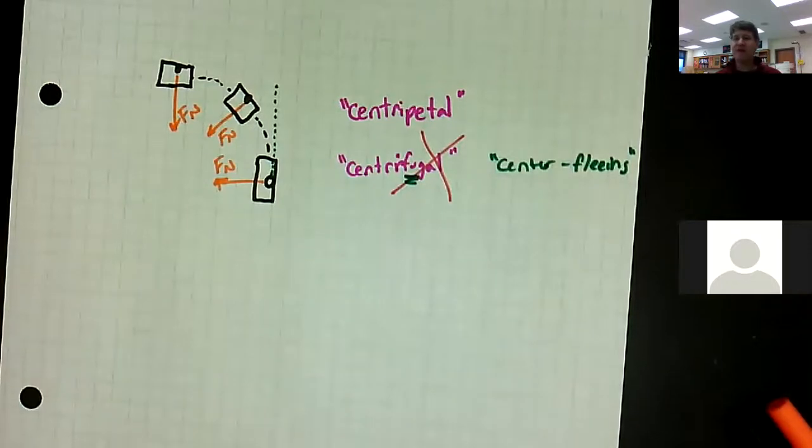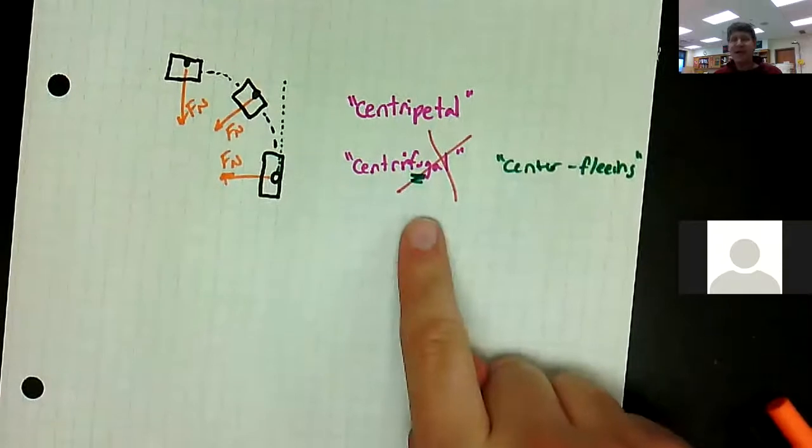So you'll often hear people talk about a centrifugal force or like a centrifuge. A centrifuge is something that spins really fast to separate things. In essence, a clothes dryer is a centrifuge because it's trying to separate the water from the clothes by spinning. But the idea of centrifuge or centrifugal is misleading because there is nothing that's pushing it away from the center.